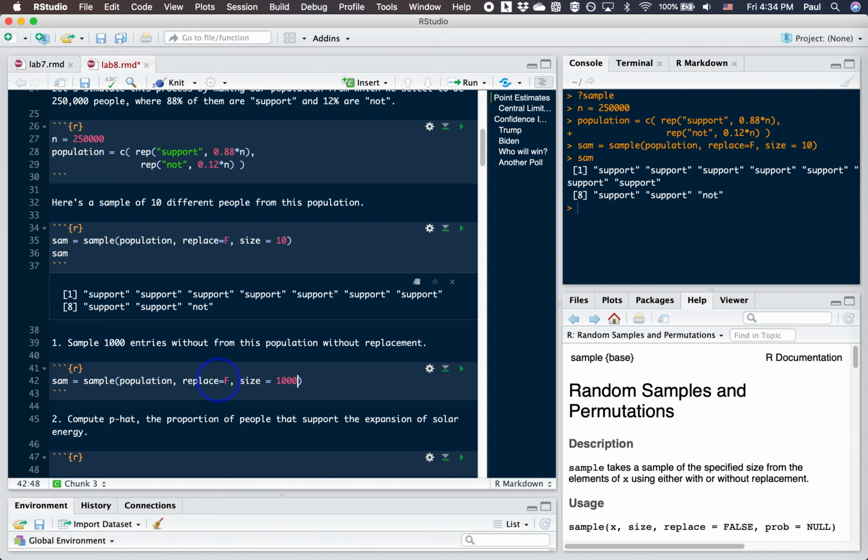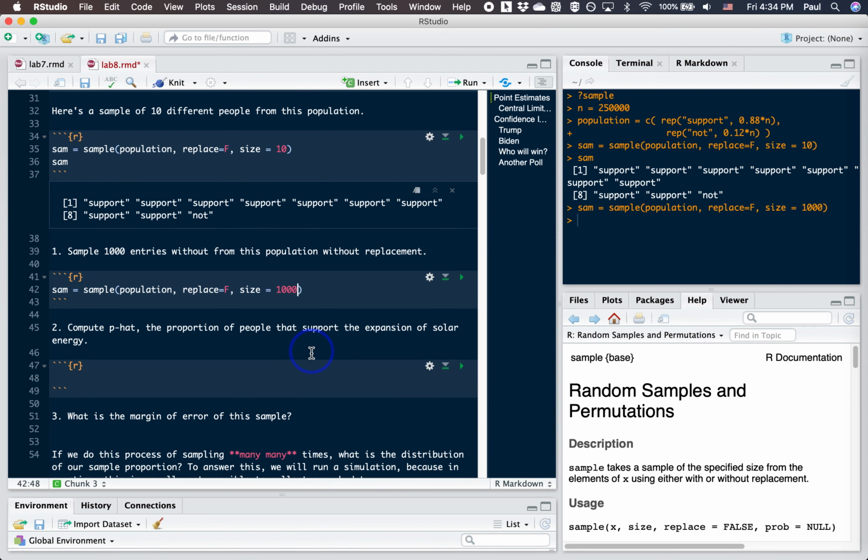We're going to run a survey and collect ratings on whether people support solar energy. We're not going to collect data from all 250 million people, but we could run a sample of 1,000 people and use that to calculate the proportion of people that support solar energy.